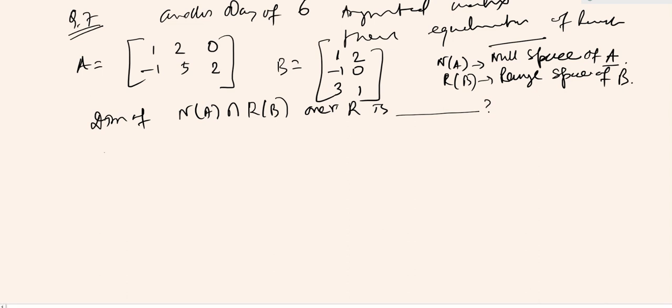So A and B are linear transformations, aren't they? This is a simple linear transformational structure.